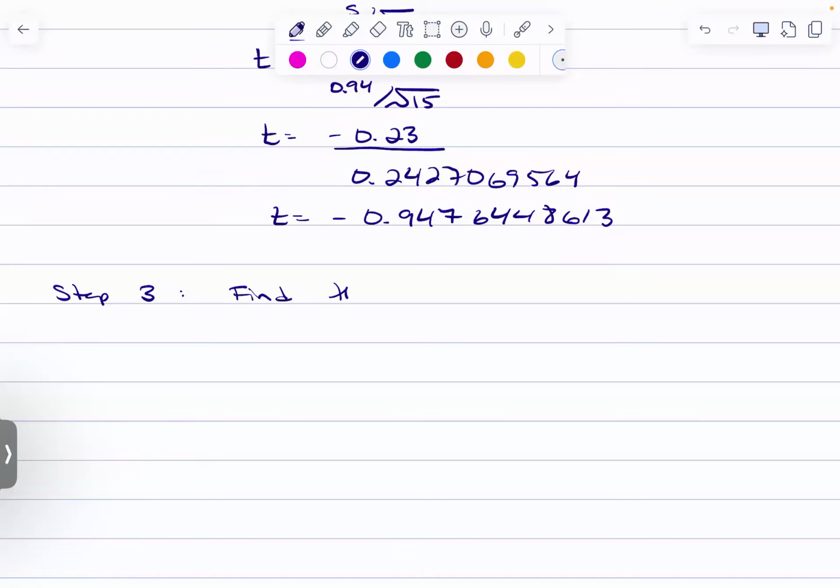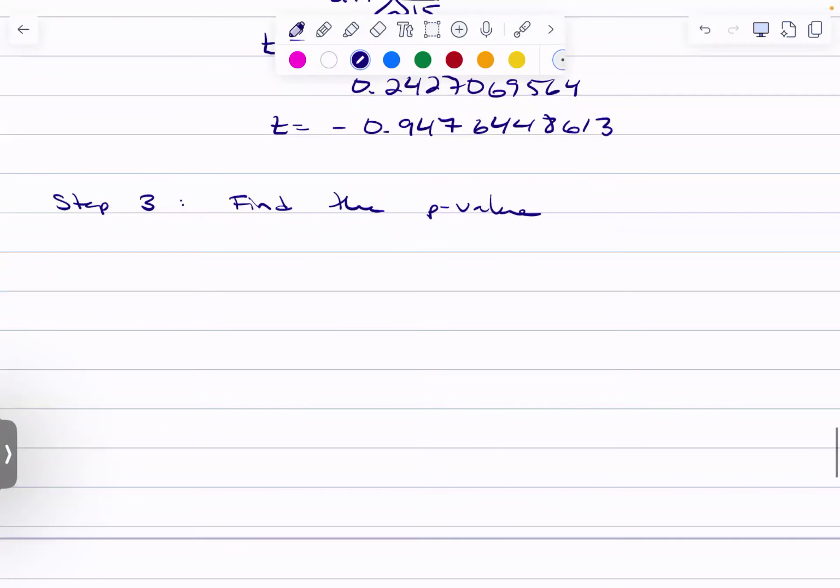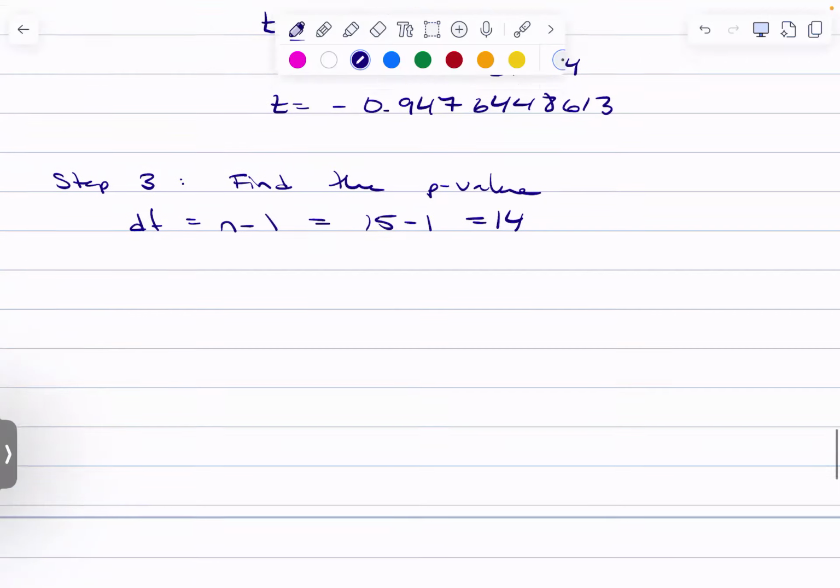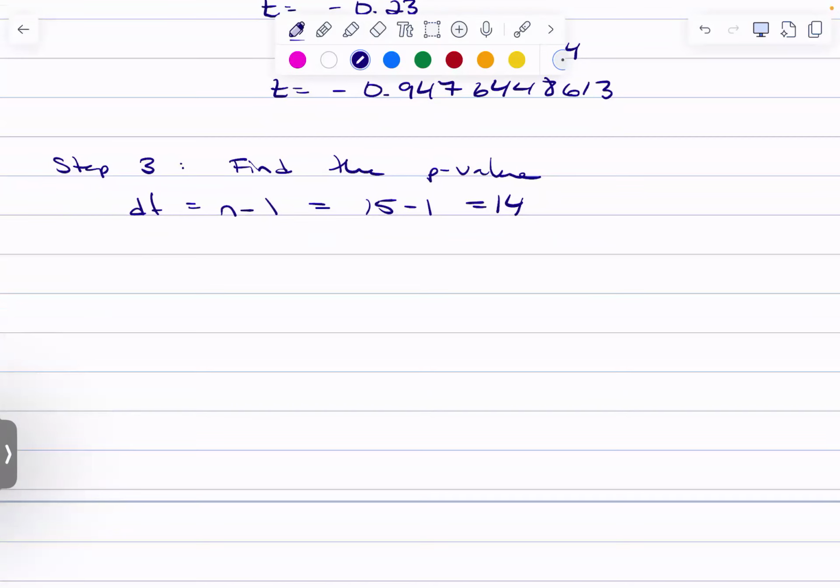And so now, for step 3, which is find the p-value, we need our degrees of freedom, which is n minus 1, which is 15 minus 1, which is 14. But besides that, our p-value is going to come from the t distribution, right? So that's what's nice about the t distribution.